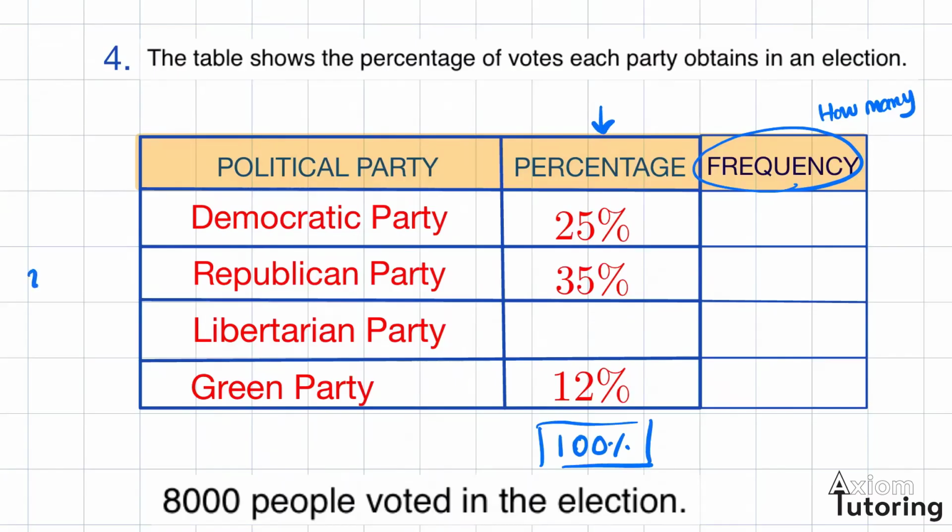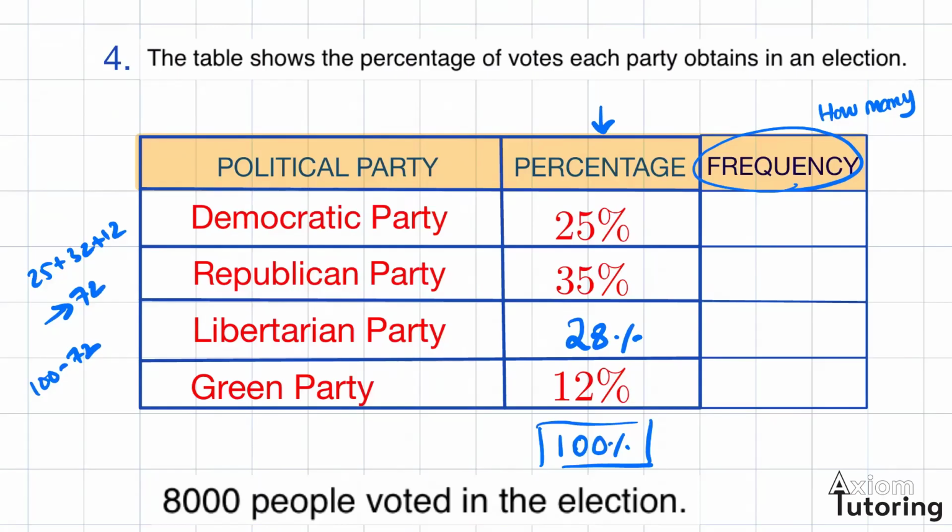So 25 plus 35 plus 12 is 72. And we subtract that from 100, and we get 100 take away 72 is 28. So 28% voted for the Libertarian Party.